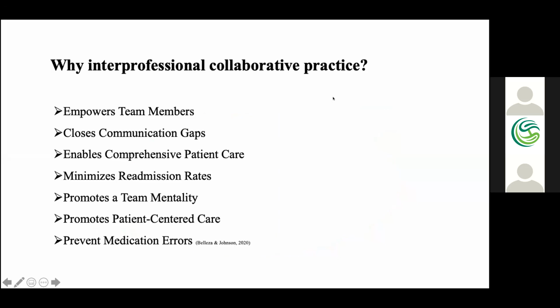Why interprofessional collaborative practice? We can ask ourselves, if we start interprofessional education in our formal training, in the universities or education institutions, why do we need collaborative practice in real clinical settings? First, it empowers team members.